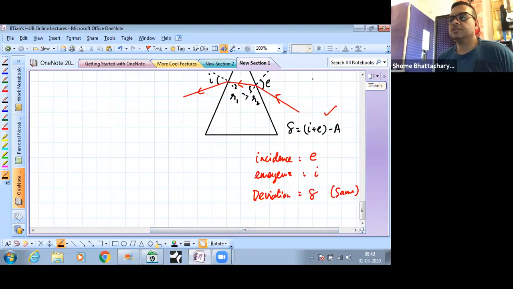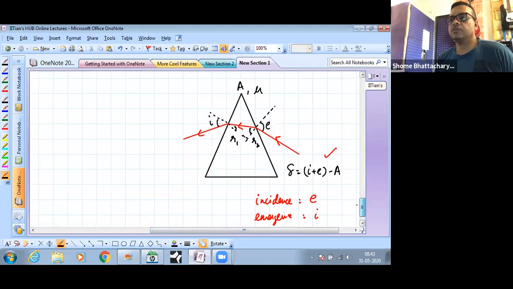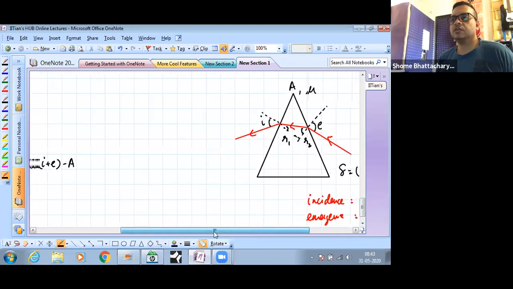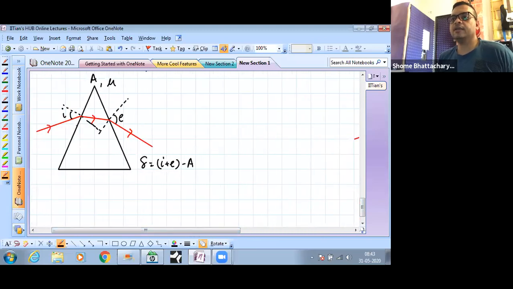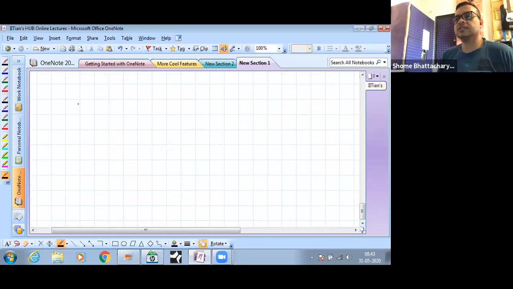So that means for a given prism, a given angle of deviation can occur for two angles of incidence. For example, in our previous example, we had the angle of the prism equal to 60 degrees.